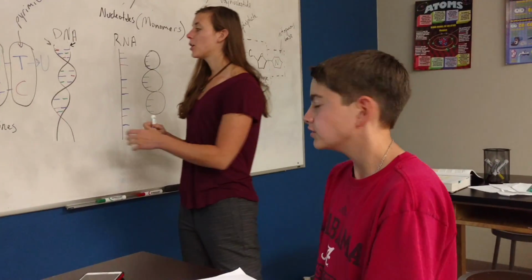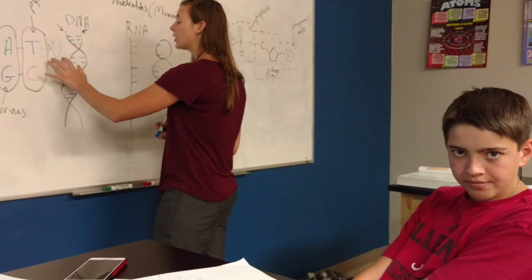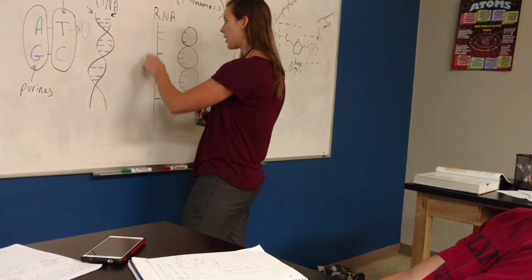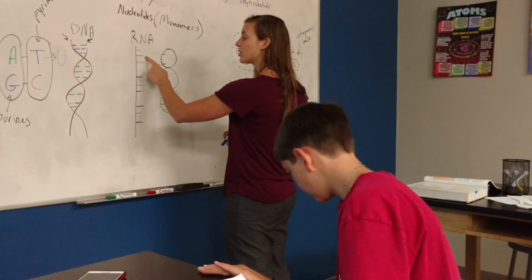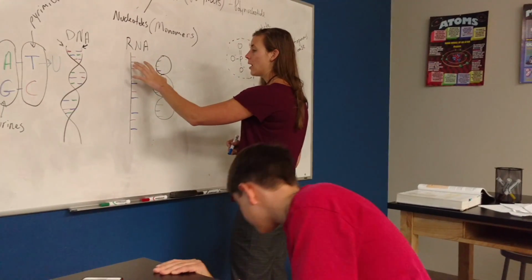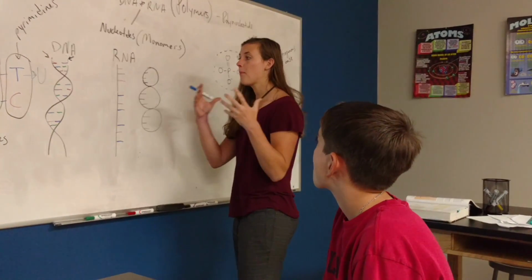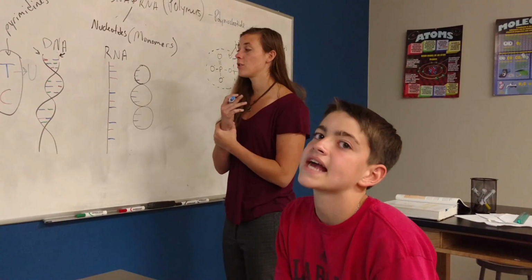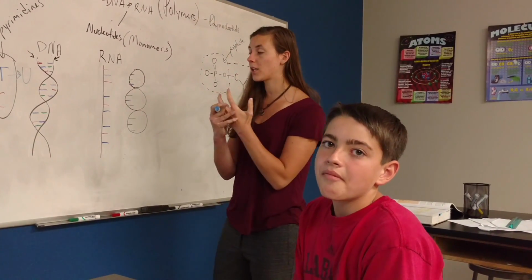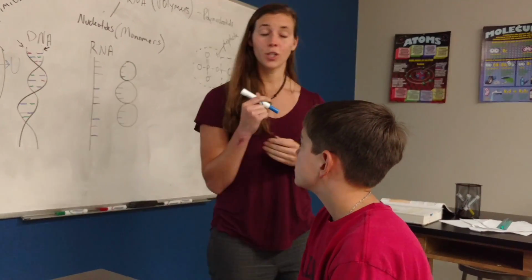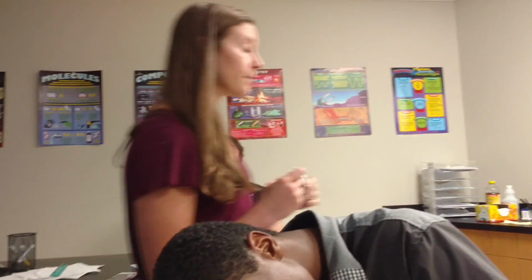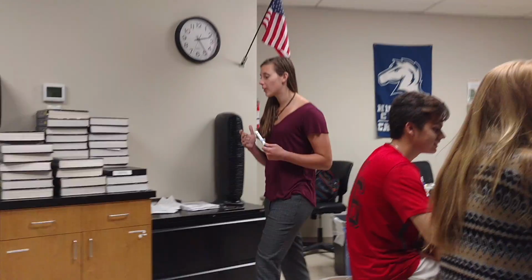So even though you have uracil in your RNA strand, it is still going to code for a complementary adenine. That part of it doesn't change. It's just the molecule, the nucleotide itself, that changes in structure. To build a polynucleotide, right? Nucleic acid.